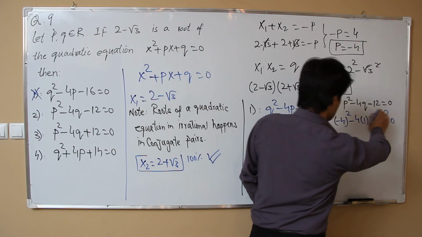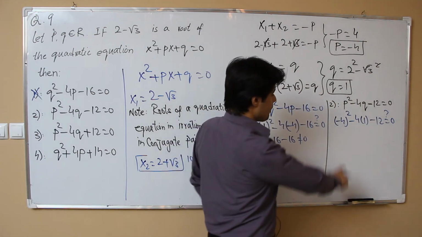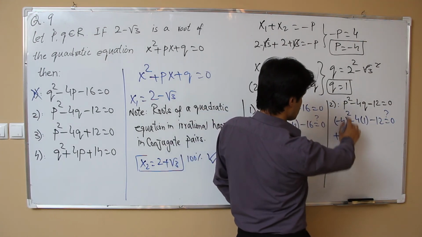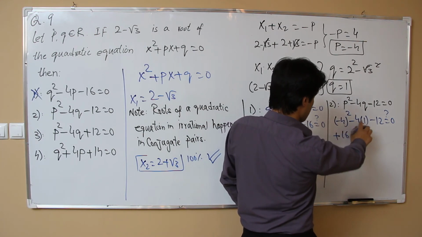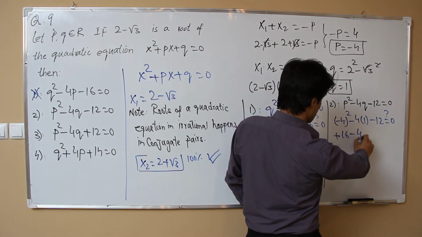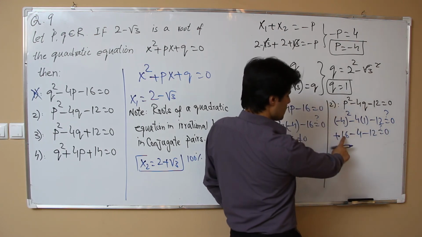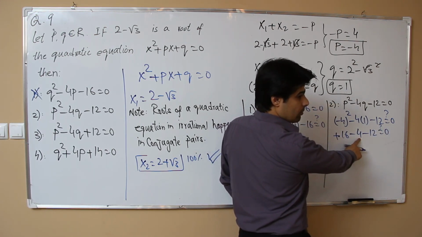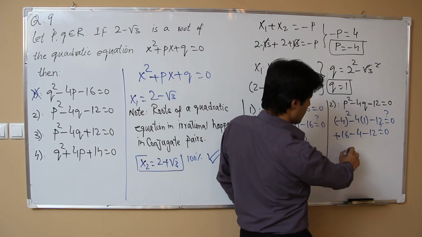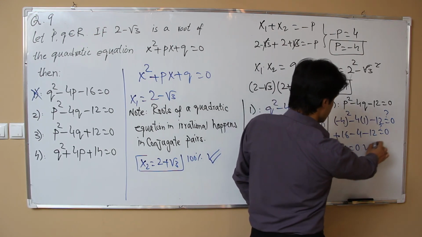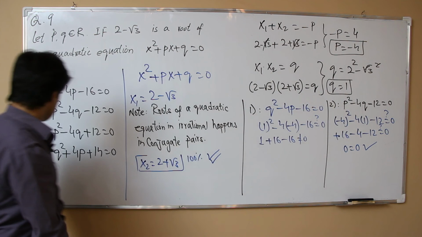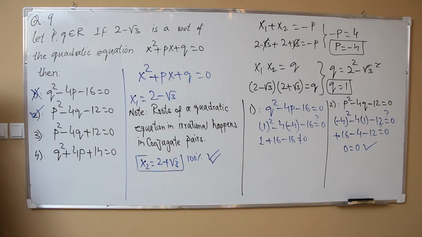Is this equal to 0? Minus 4 square is 16. Minus 4 times 1, it's 4. Minus 12. Is this equal to 0? 16 minus 4 is 12. 12 minus 12 is 0. 0 is equal to 0. Then the correct answer is number 2.